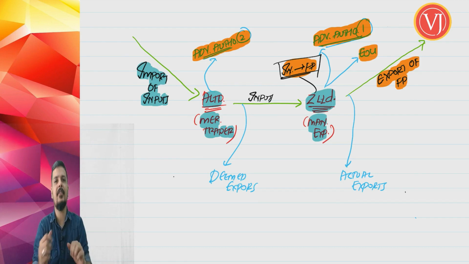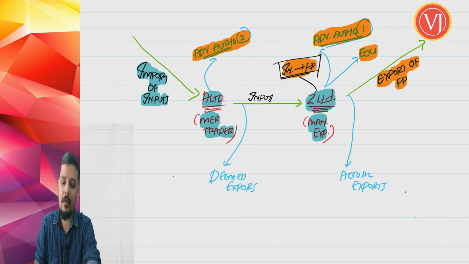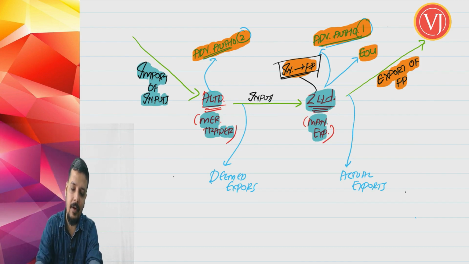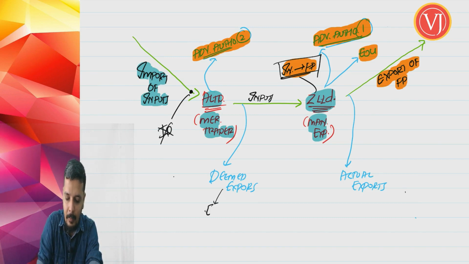It may not necessarily get from only A Limited. Directly Z Limited may get something from outside India, right? A Limited can also enjoy the benefit of advance authorization, is not going to pay import duty, and this deemed export, friends, will be his export obligation.